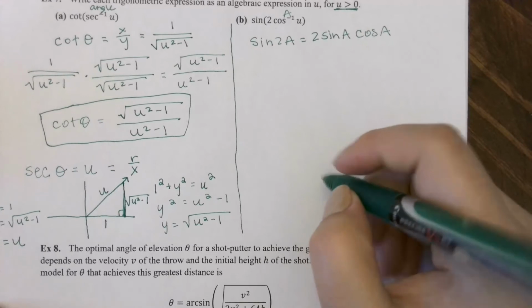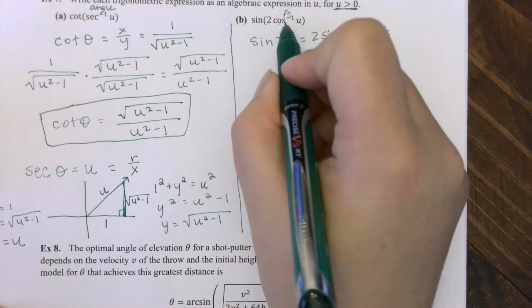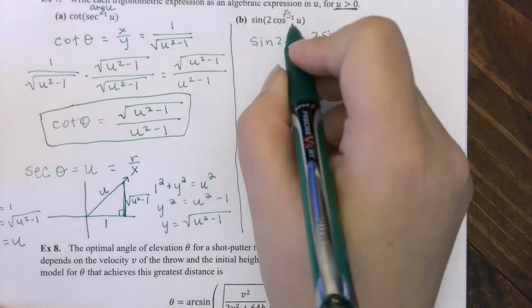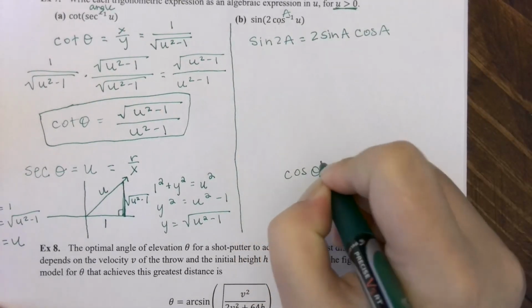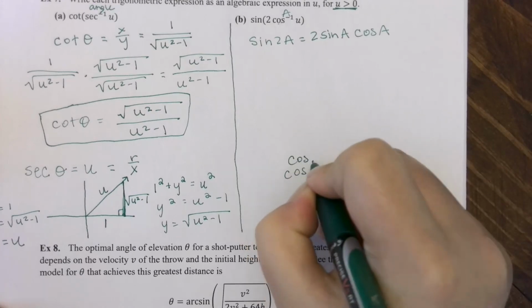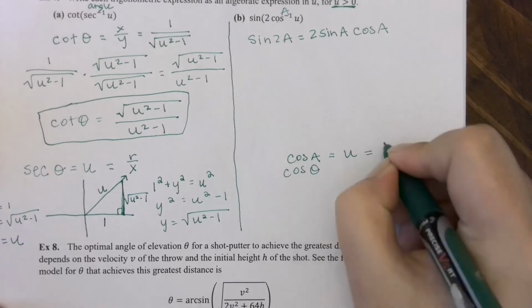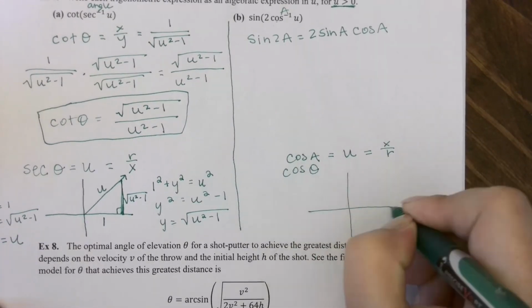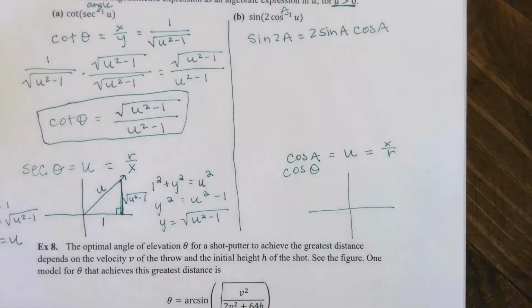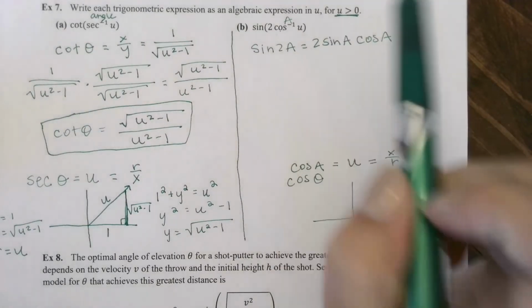If I take the cosine of both sides here, for a, if a is my theta, I have cosine a equals u, and we know cosine is x over r. We also know that u is still positive because that's what they tell us in the directions.